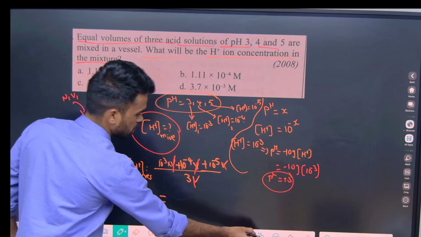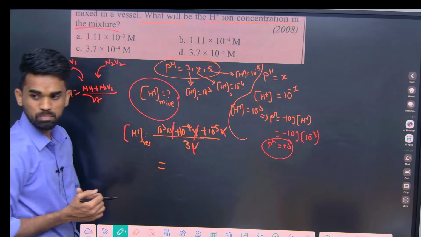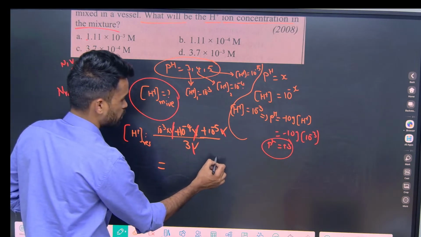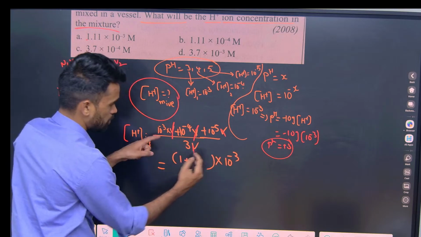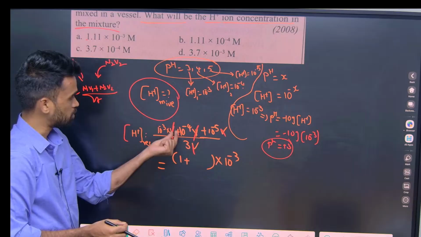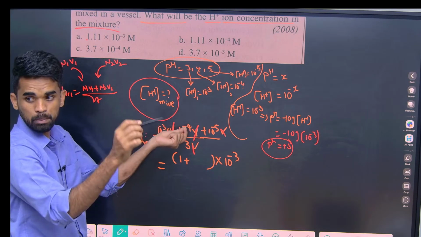So now what I can write is, see, 10 power minus 3 is the bigger number here. So now 1 plus, I am taking that number as common. This 10 power minus 4 you can write as 0.1 into 10 power minus 3.